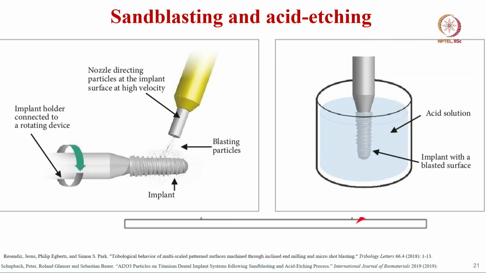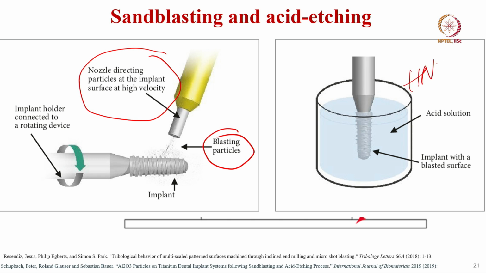Now, once the sandblasting is done, you can do it like an erosion tester, or you can use a nozzle which will direct these blasting particles at the implants at a high velocity, and then you can put it in the acid solution. This acid can be various combinations. You can use an HNO3 HCl combination, for example, in a specific ratio, and then the implant with the blasted surface is immersed for a specific time.